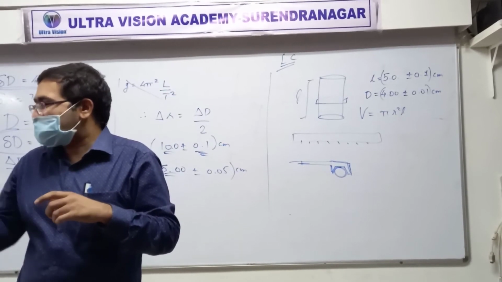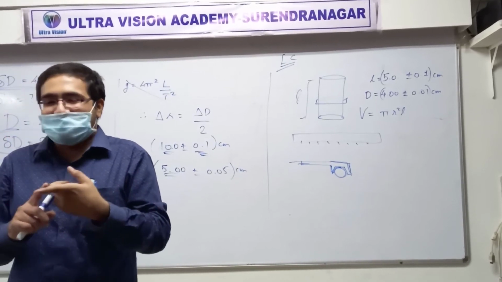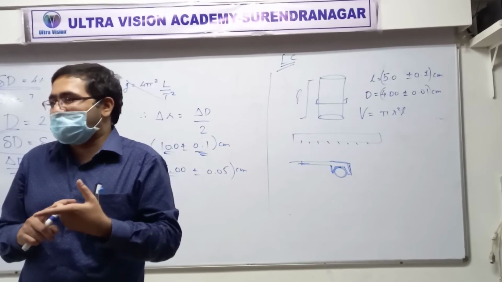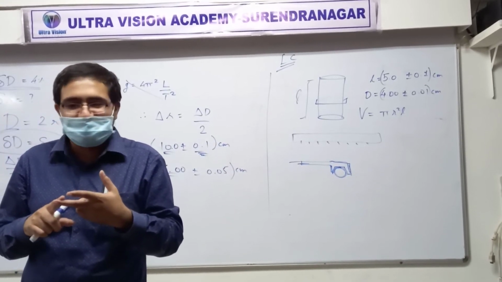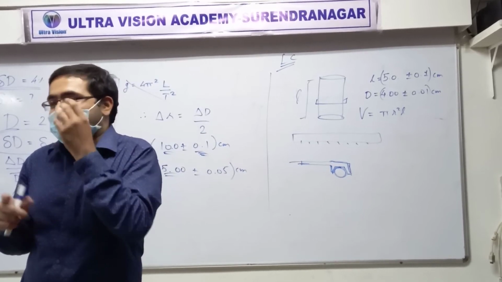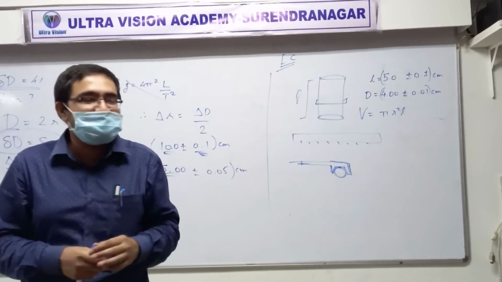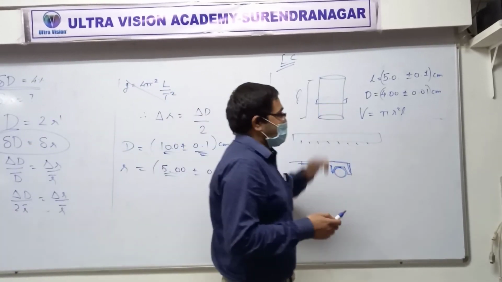So you wrote 2 pi r h: 2 pi is a number with no dimension, r is l raised to 1, h height is l raised to 1. The dimensions will be l square. L square is not the volume dimension, it is the dimension of area. Never mind. Coming back to this.